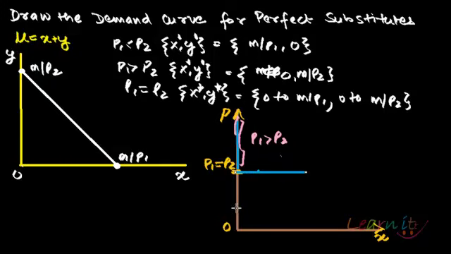And the region below this is your P1 less than P2. So in this region, the demand curve will have the natural shape.